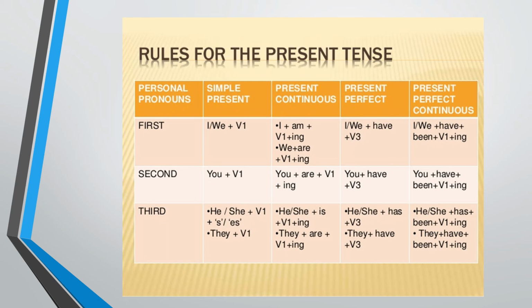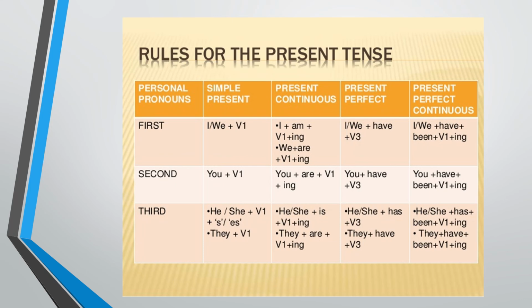If your person pronoun is I or we, I mean to say if it is first person pronoun, so you have to use the first form of the verb only. If it is second person, like you, we have to use the first form of the verb only. If it is third, it is different. If it is singular like he, she, you have to use the first form of the verb with s or es. If it is plural like they, you have to use the first form of the verb only.